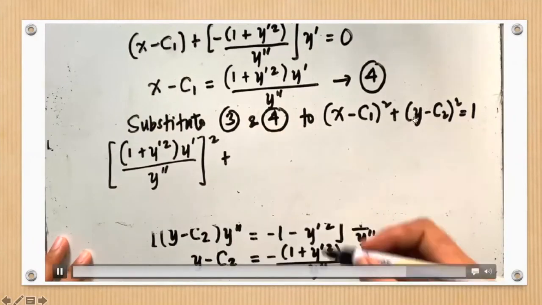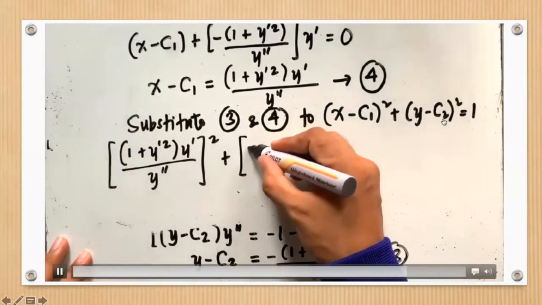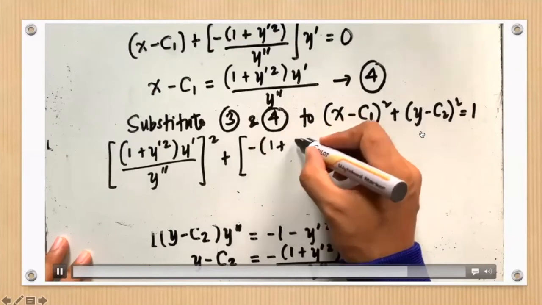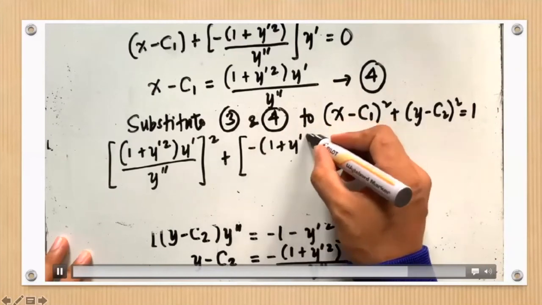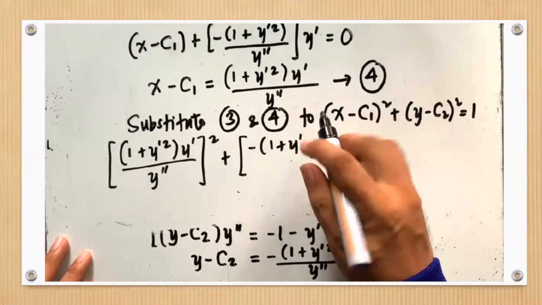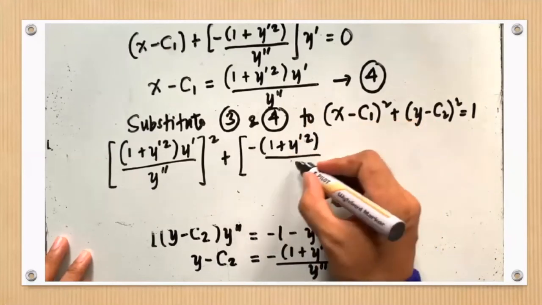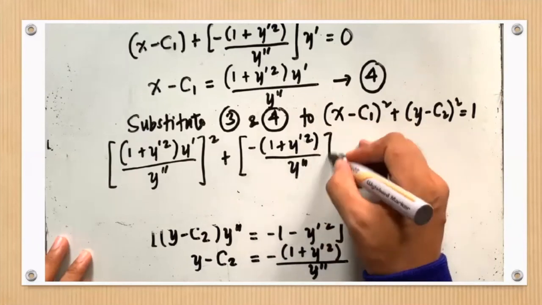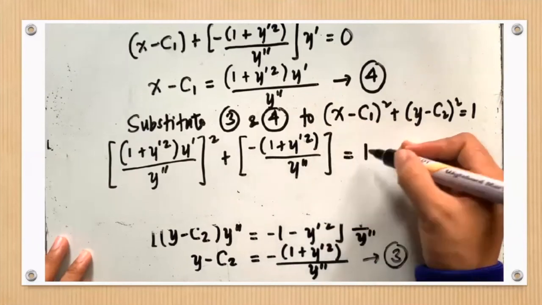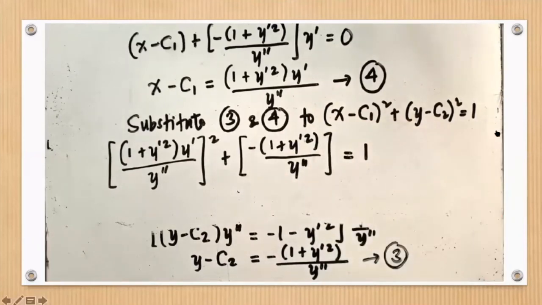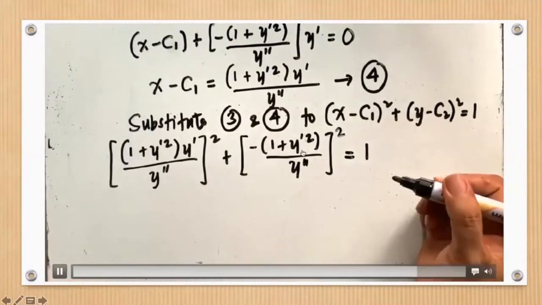And then you plug in here the value of y minus c sub 2, which is minus the quantity 1 plus y prime squared, all over y double prime, equal to 1. Don't forget, ito pala ay naka-raise to 2.